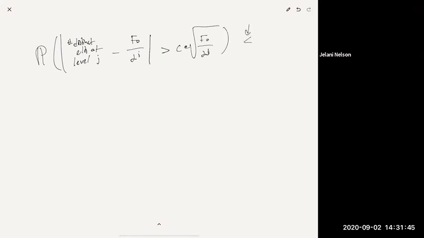By Chebyshev, this is at most the variance of the number at level j divided by c squared times f0 over 2 to the j, basically the square of the right-hand side.